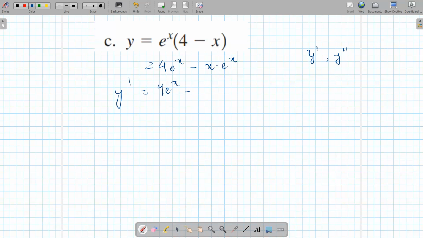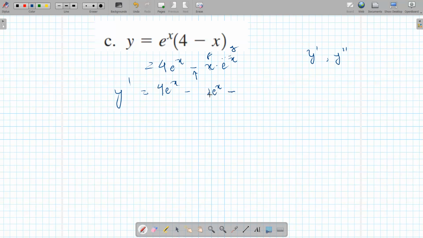Which rule do we use when that happens? Product rule. This is f. This thing is g. What's f prime? 1. Times g as it is. Plus, but notice how there's a minus sign here. Even though there should have been a plus here, that minus and plus becomes a minus.